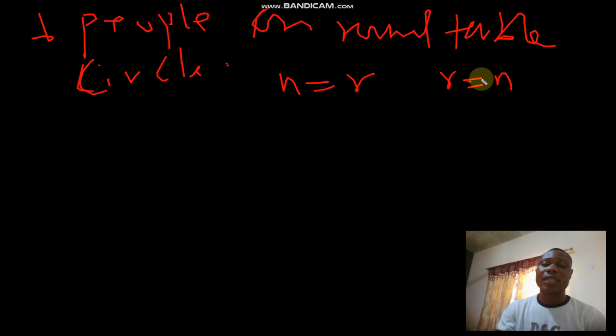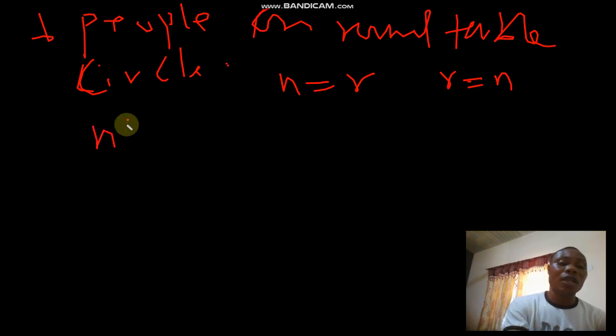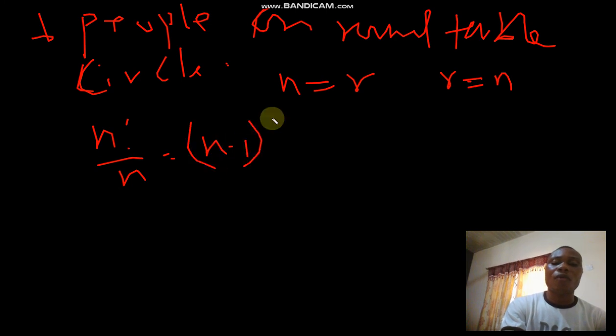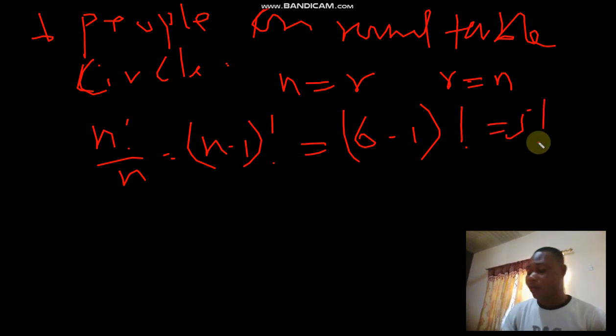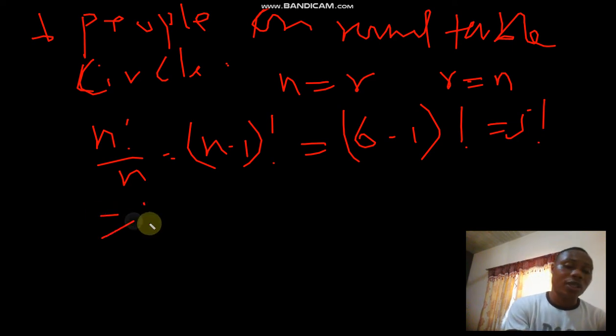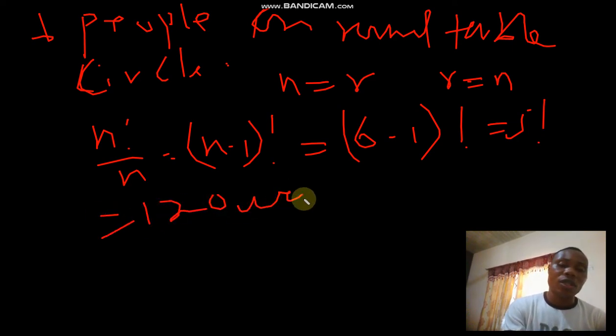That gives us n factorial over n, which is (n minus 1) factorial. So that's just (6 minus 1) factorial, which is 5 factorial, which is 120 ways.